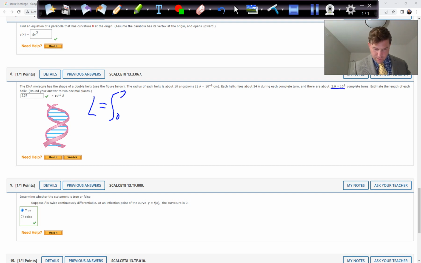So we've got 2.9 times 10 to the 8 times 2 pi because of the helical nature of these, because they have complete turns. So complete turns means 2 pi. Okay, so that's the length, and then it's going to be times the magnitude of r prime of t, dt.